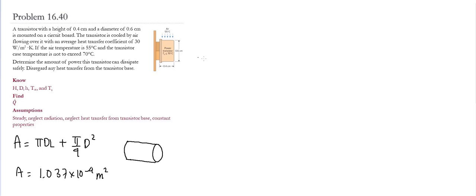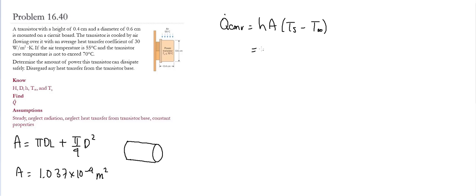For this problem, we do not have any radiation, therefore the only method of cooling is going to be convection. Therefore, the amount of heat lost by convection is going to be equal to h, the area, Ts minus T infinity. So we substitute the values that we have.